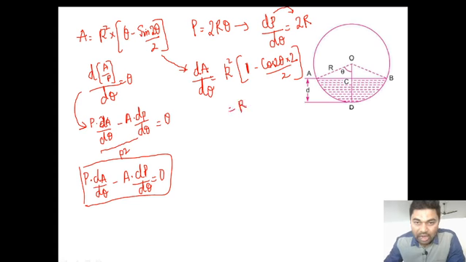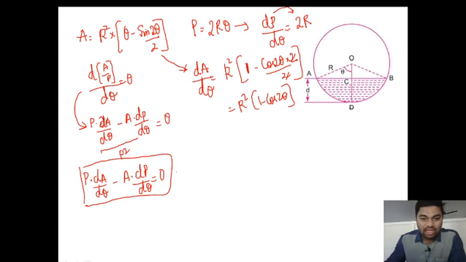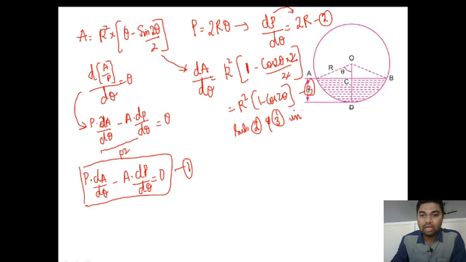So dA/dθ is equal to r square into 1 minus cos 2θ, since this 2 and this 2 get cancelled. Let this be equation 1, this be equation 2 and this be equation 3. Substitute equation 2 and equation 3 in equation 1.